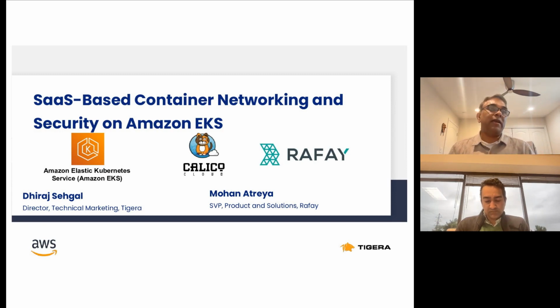This could be some part of the journey where they're doing a lift and shift and containerizing parts of it or all of it and getting them onto a major cloud like Amazon AWS. And of course, the chosen preferred Kubernetes distribution on AWS is almost always EKS. That's cohort 1 that we see.